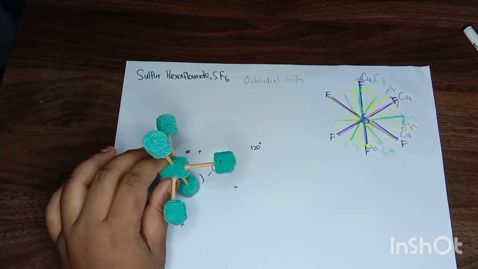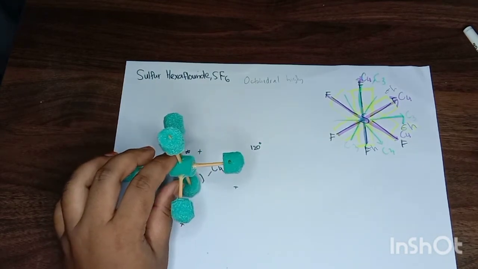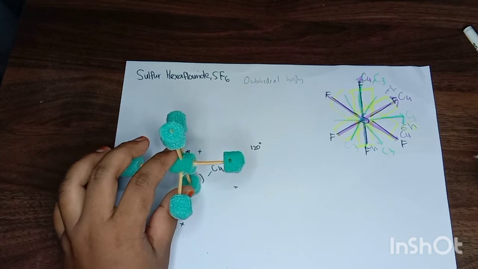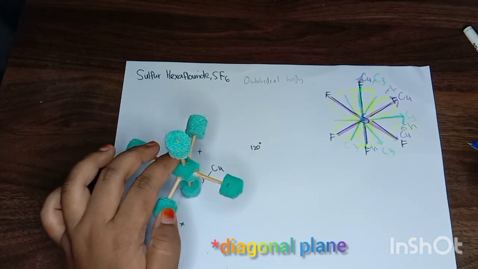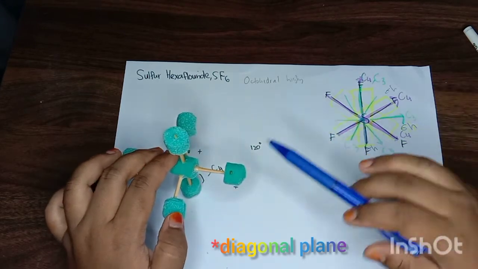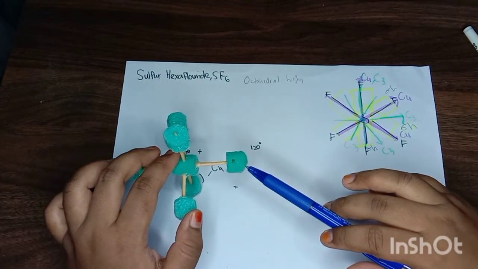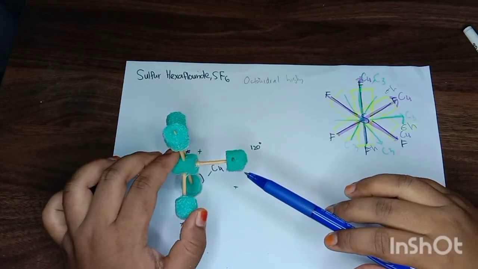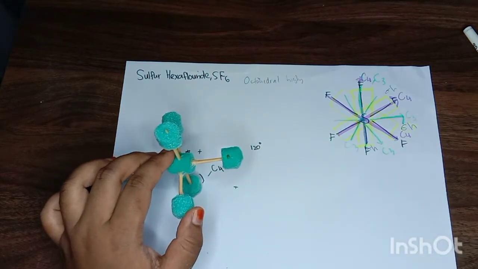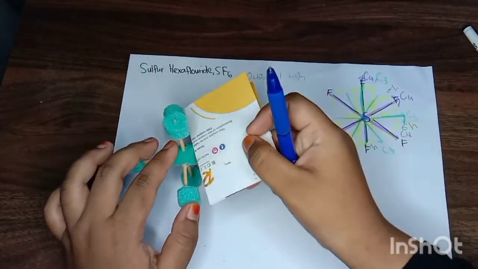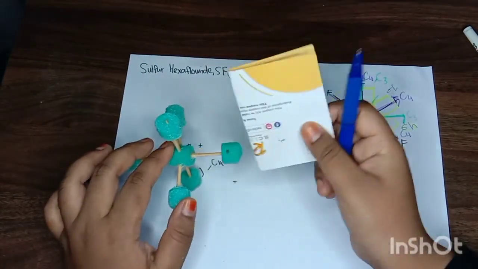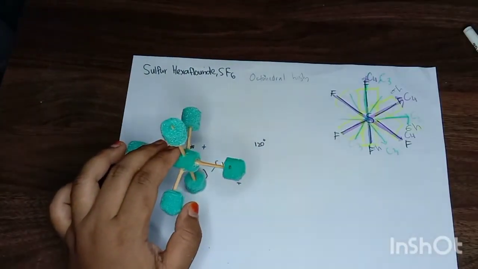This shape also has diagonal planes, involving all 6 fluorine atoms, which we can rotate, from here, here, and so on.